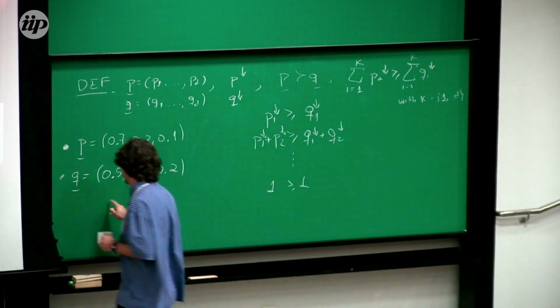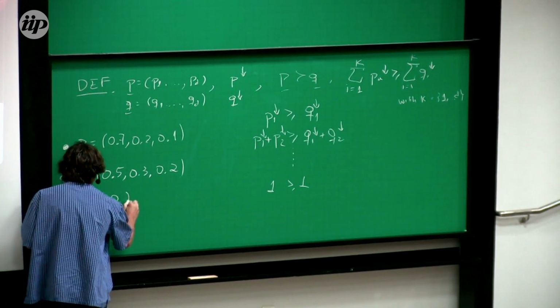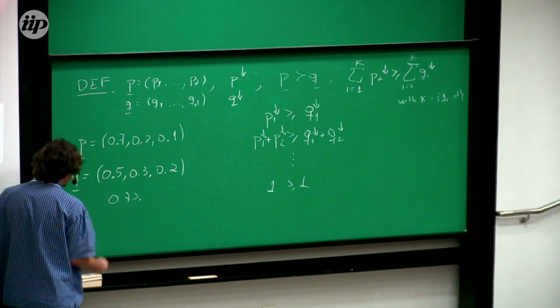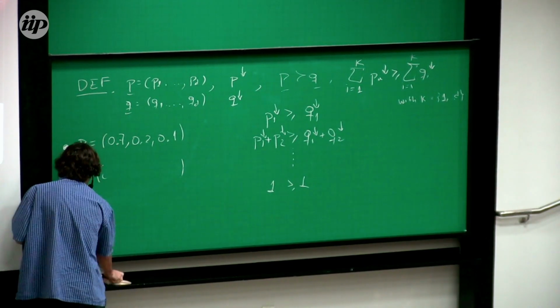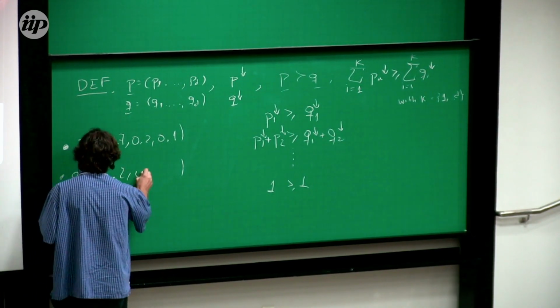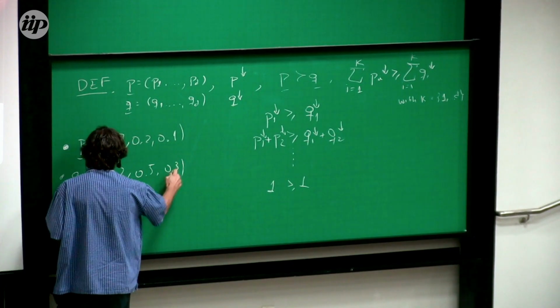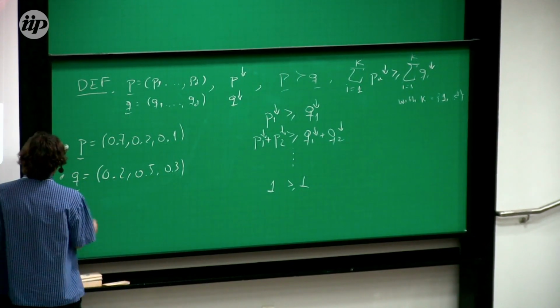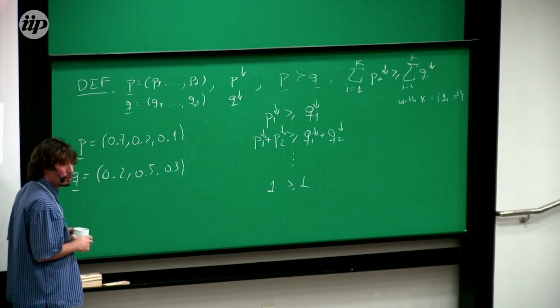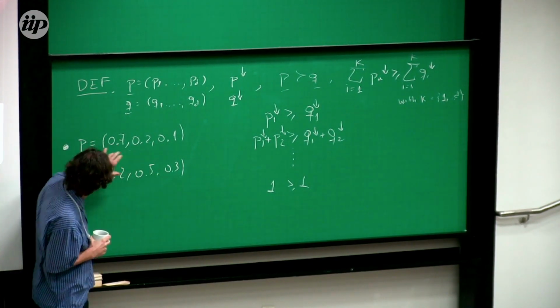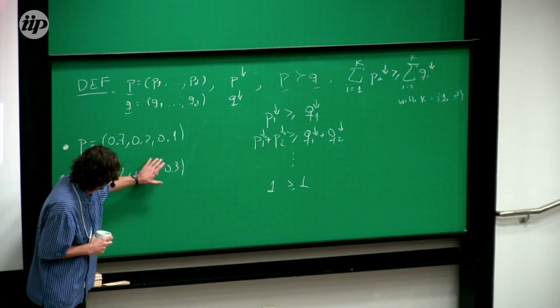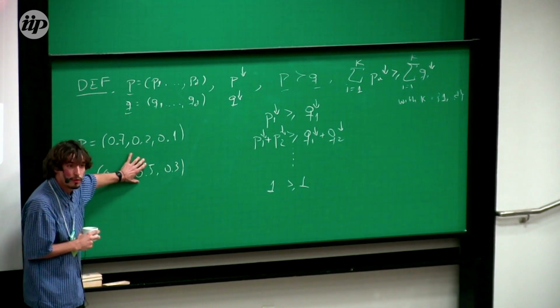So let me make it more interesting and actually put 0.2 here, 0.5, 0.3. This vector is already ordered. So ordering Q means that this 0.5 comes here, 0.2 goes there, and 0.3 goes here.